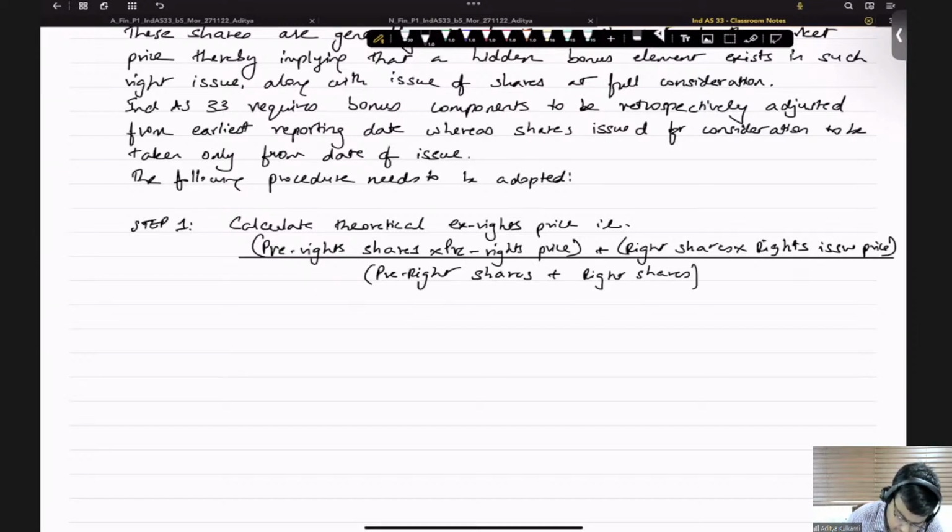So this becomes your theoretical ex-rights price, which is the first step.